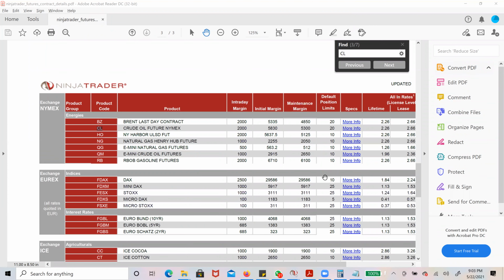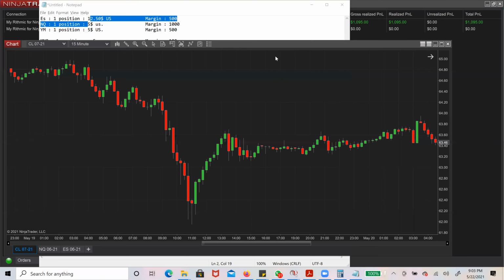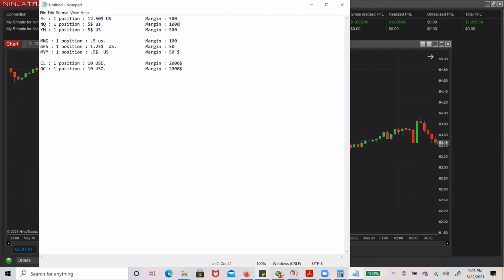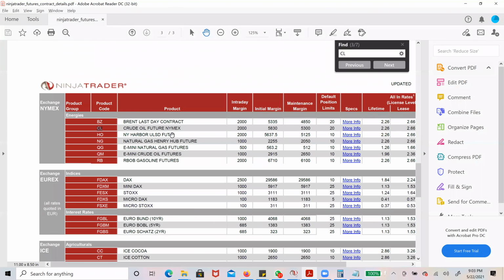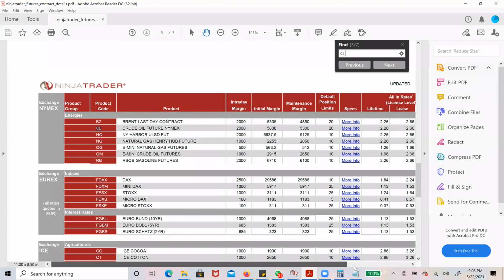Right. Sorry, the per transaction fee, CL is $2.26. Is that a lifetime fee, or a one-transaction fee? So if you have the lifetime license, this is the one thing.